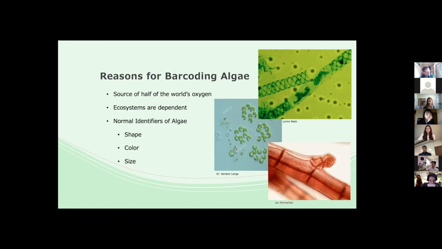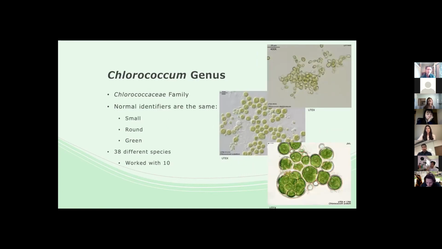However, within similar genuses, we have a lot of species that just look extremely similar, as we can tell from the Chlorococcum genus and the Chlorococcaceae family. As you can see, I have 3 of the species up on the slide that I was able to work with: Diplobionicum, Scabellum, and Acidum.